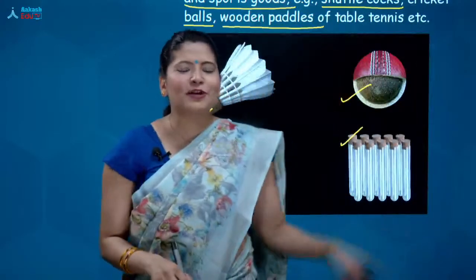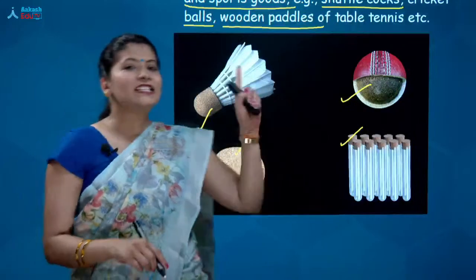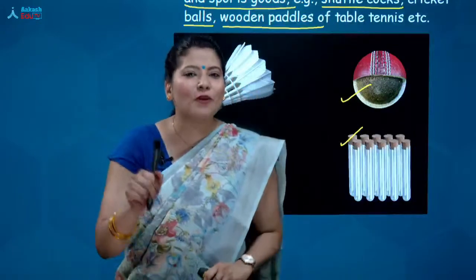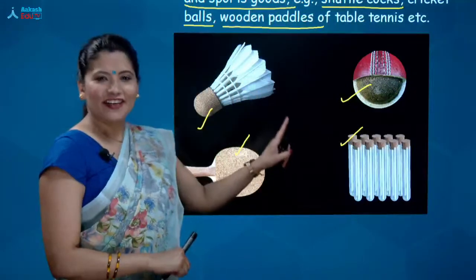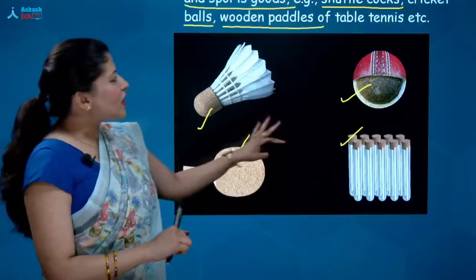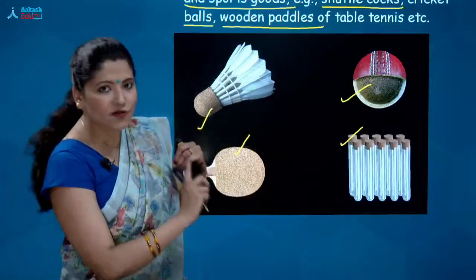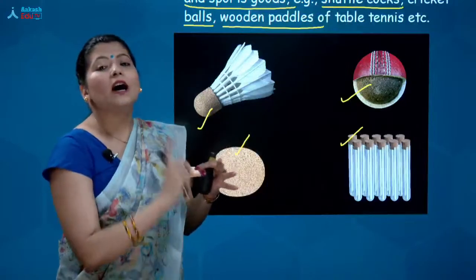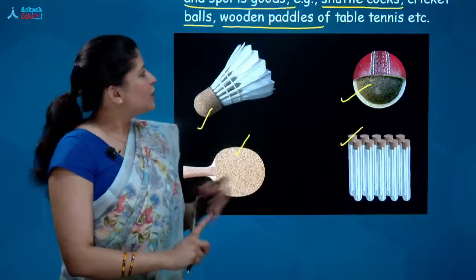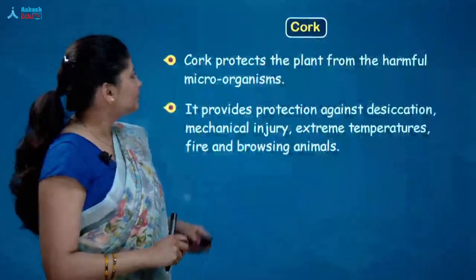That is the cork. And this was the reason, because of this cork, in 1665 Robert Hooke discovered the cell. So from cork, what did we understand, its structure, where it is present and how it is important for us. So this is about cork.